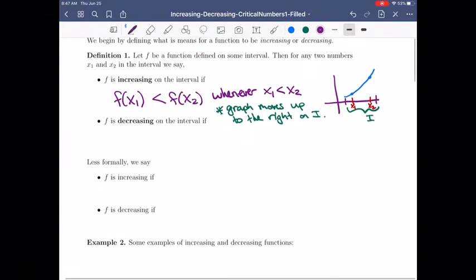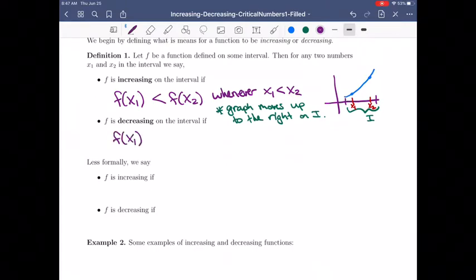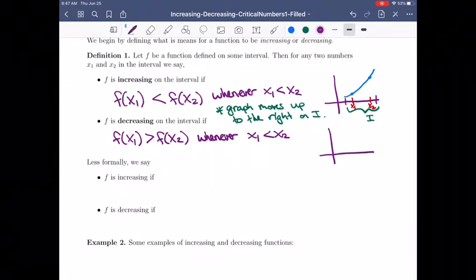If f is decreasing on the interval, then we say that f of x1 is bigger than f of x2 whenever x1 is less than x2. In that case, we're just going the other way. I'm not going to draw the picture this time, but let's say the y value for x1 is bigger than the y value for x2.